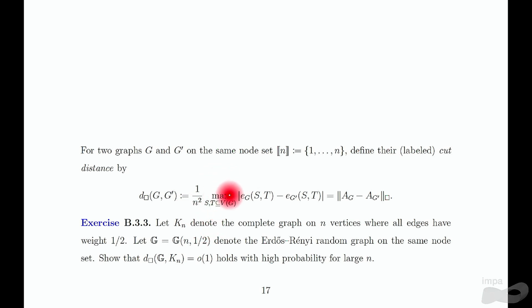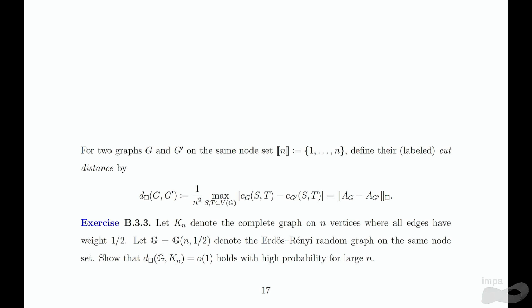Here we're looking at a maximum absolute difference between edges in graph G from these sets S and T, subtracted from those corresponding to G prime. The idea, quite nicely, is that we've used the previous norm to define a distance in the obvious way. So this is just the previous cut norm of the adjacency matrix of G minus the adjacency matrix of G prime.